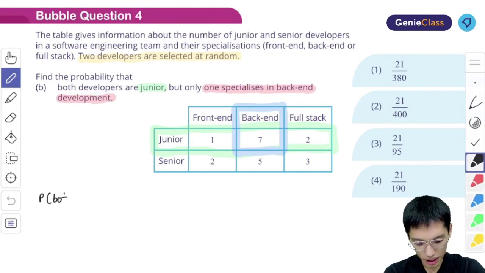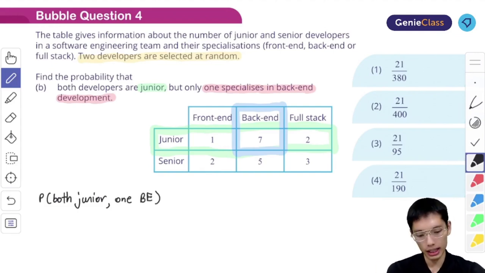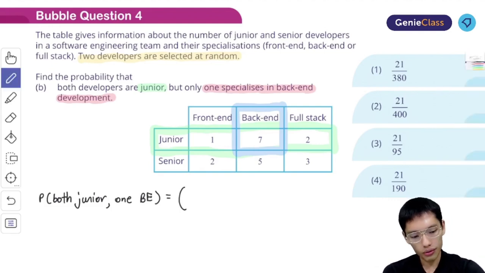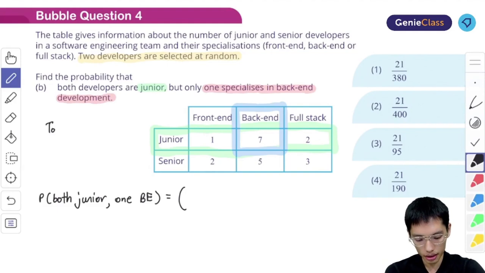Give yourself the scenario whereby both are juniors, one backend. In this case, let me just say one BE. So the first one, if you were to select the backend one, it's going to be 7 over the total number of developers, in this case 20. So 7 over 20.